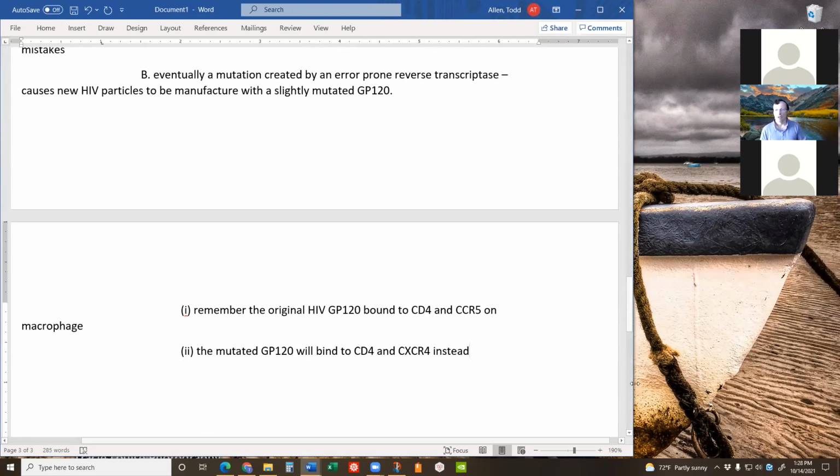Okay, so let me ask in the chat window. What type of cell in your notes has a CXCR4 co-receptor?